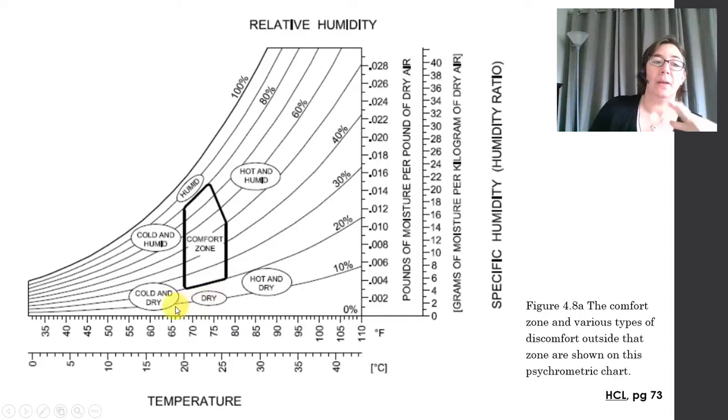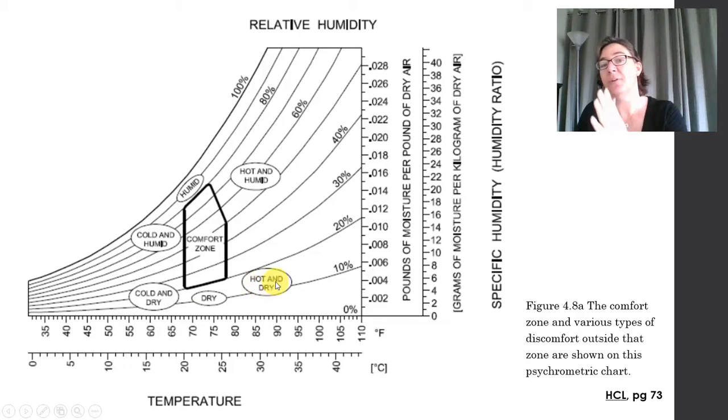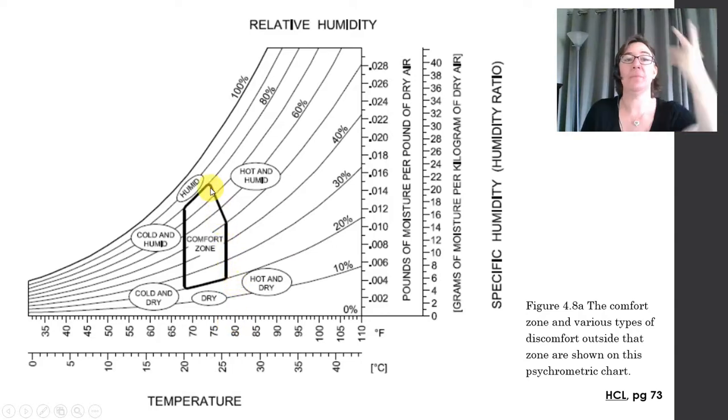If you get to the left or lower or colder on your temperature zone, it can be cold and dry. If you get kind of to the right of our comfort zone or higher temperature, it can be hot and dry. Moving up in the humidity, if you get above that 80% humid line, it will be too humid.